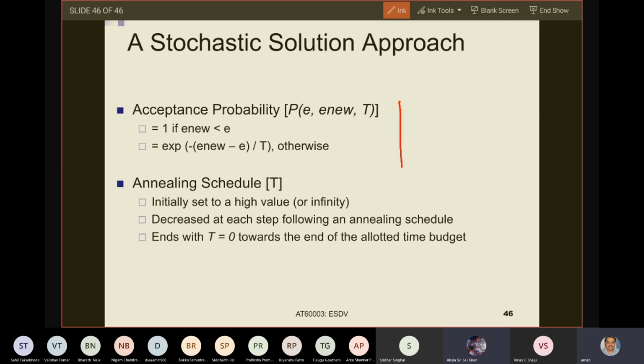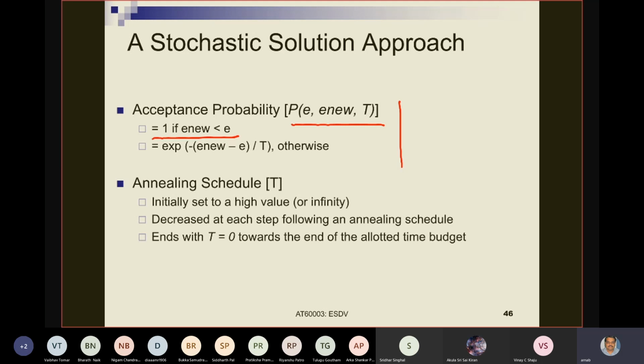Yes, sir. So this P of E, E new, T is called the acceptance probability. Now see that we are saying that P of E, E new, T is equal to 1 whenever E new is less than E. That means if the new solution has a lower software execution cost than the current solution, your P is assigned the value 1. Let us go back to the previous slide.